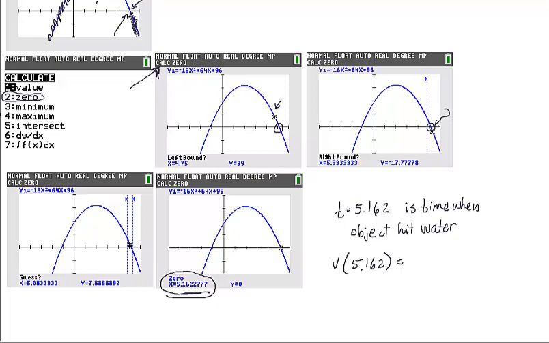So that would be negative 32 times 5.162 plus 64, and you should get negative 101.1. This was in feet per second, I believe. Okay, and I'll finish the rest of this section in the next video, so this will be the A part.